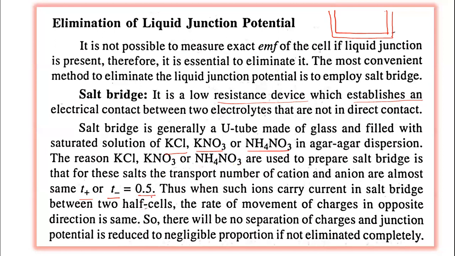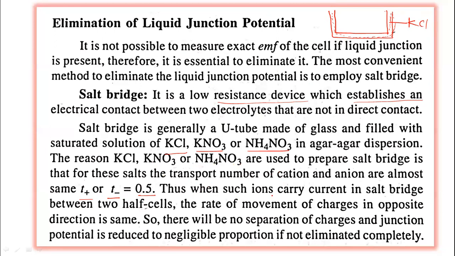Thus, when such ions carry current in the salt bridge, potassium ions and chloride ions, suppose that this is the potassium chloride salt bridge, as the transport numbers are the same, they can carry equal current.